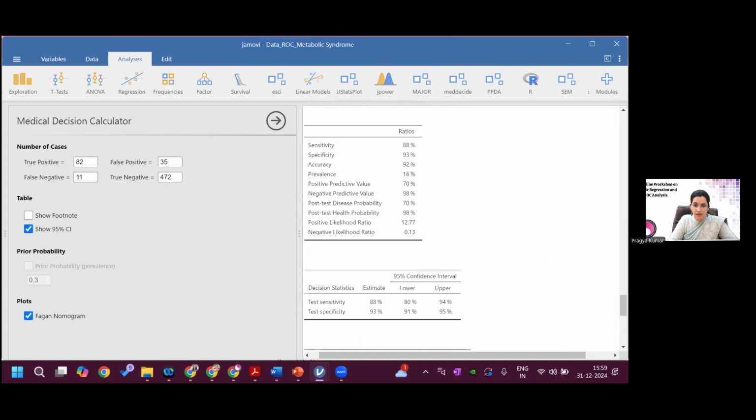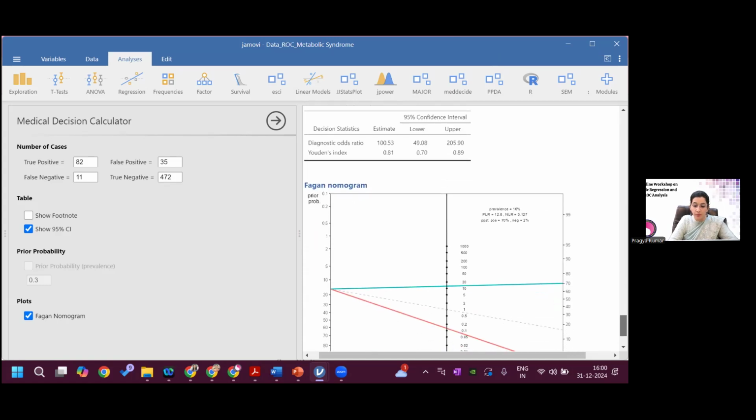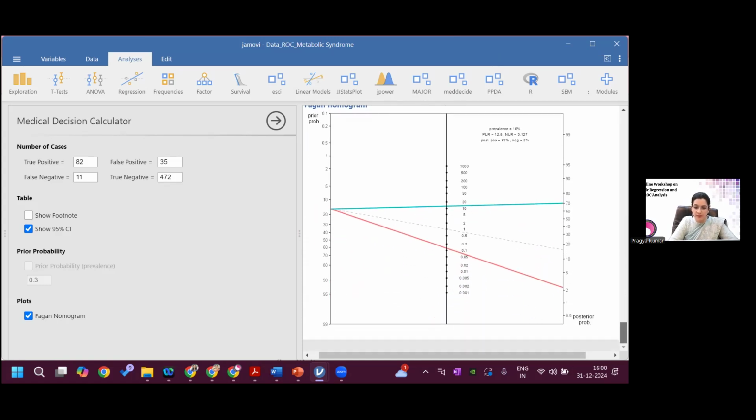We have discussed that we take the prevalence as the pre-test probability, which is drawn here at 16. And then the likelihood ratio is 12. So it has drawn a line from here to here and then extended to this place. So it is 70, and it writes 70 also.